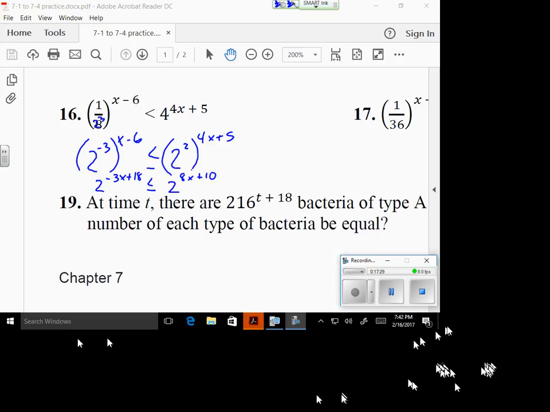Drop your bases. Subtract 8x. Negative 11x. Subtract 18. Less than or equal to negative 8. I've got negative 11. X greater than, I've got to switch the sign again, to positive 8/11ths.